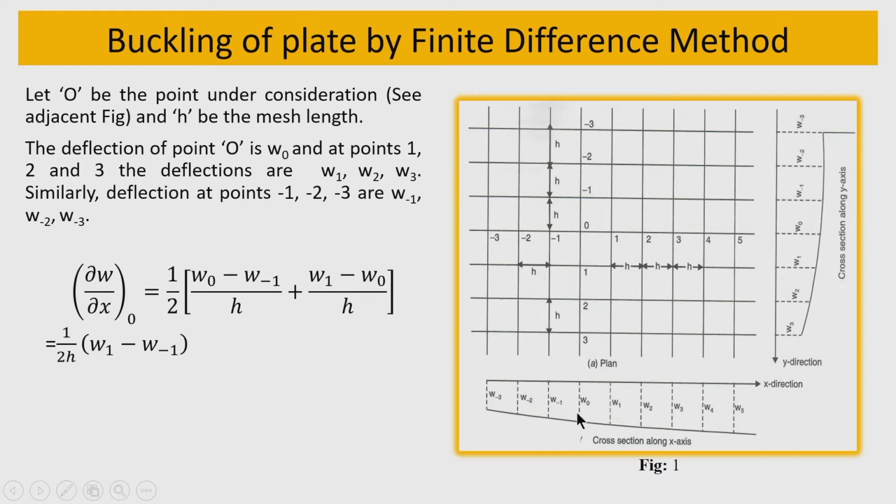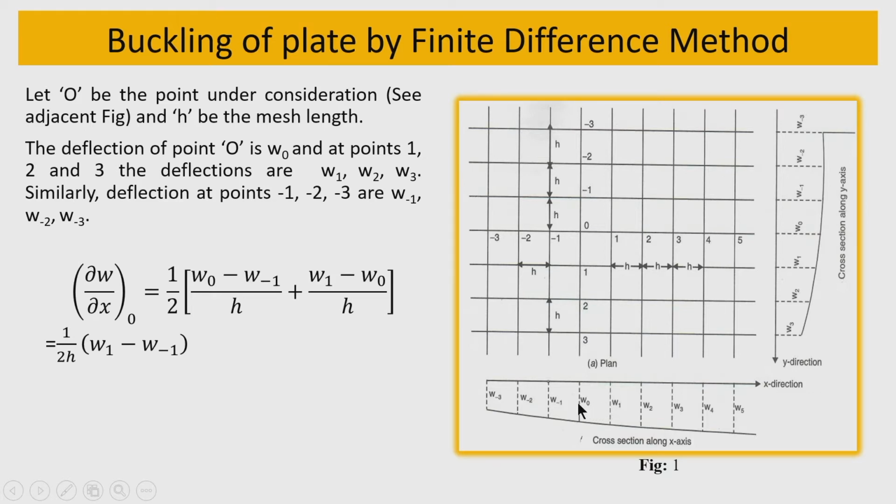Similarly, in the negative direction, W minus 1 is the deflection at node minus 1, so there is also a slope, that is the variation of the displacement. Now if I compute the slope between nodes W 1 and W naught, the slope will be W 1 minus W naught divided by h. So, I have calculated the slope taking the forward values of the deflection.